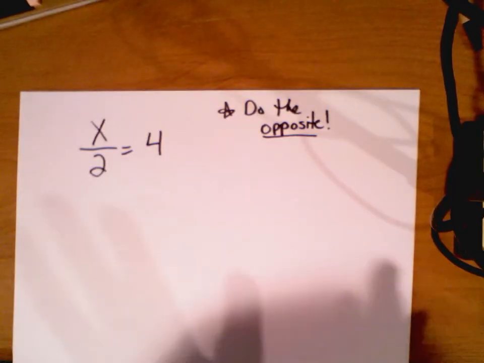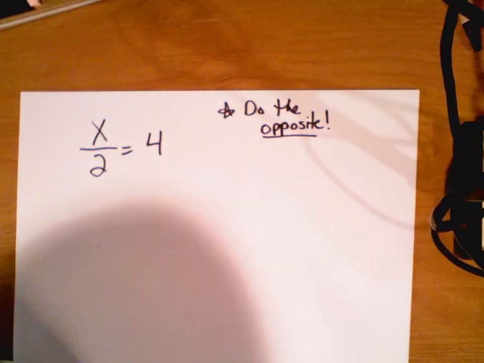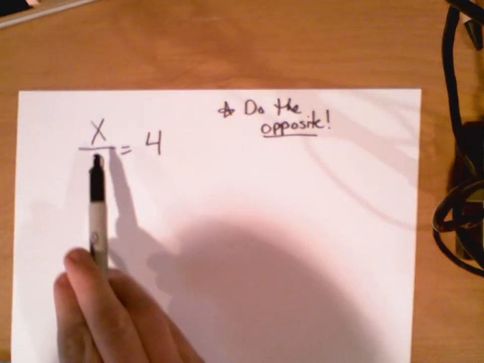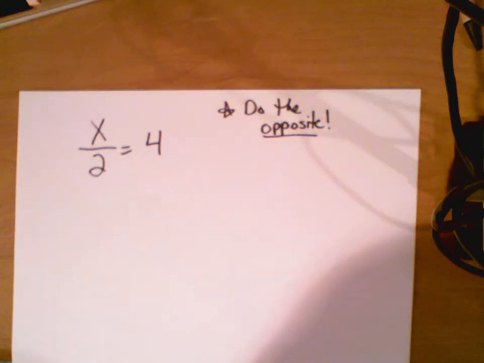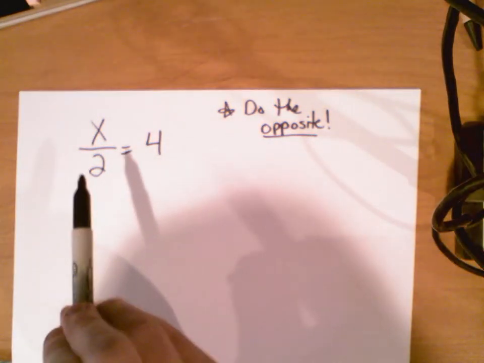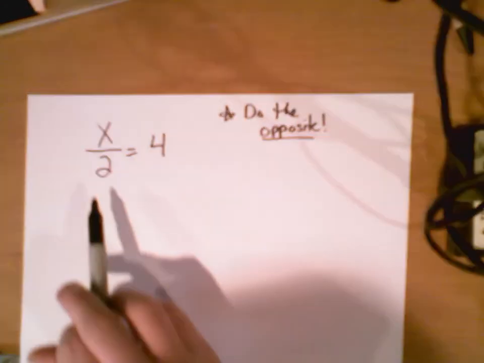So now we're going to apply what I mean by doing the opposite operation. My first question I'm going to ask is: is x being added, subtracted, multiplied, or divided? In this case, x here is being divided by 2.